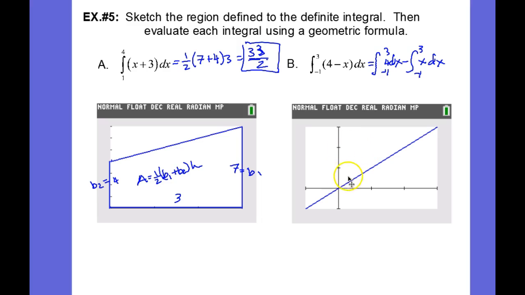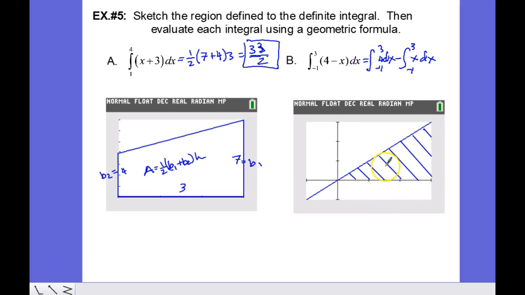Now you can see what's going on here. We've got, on the one hand, a positive triangular area, and on the other hand, a negative triangular area. Positive because we are above the x-axis, and negative because we are below the x-axis.